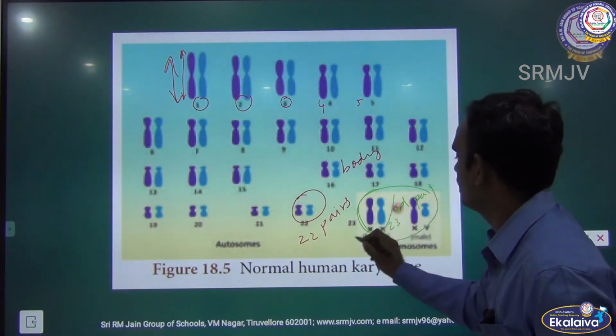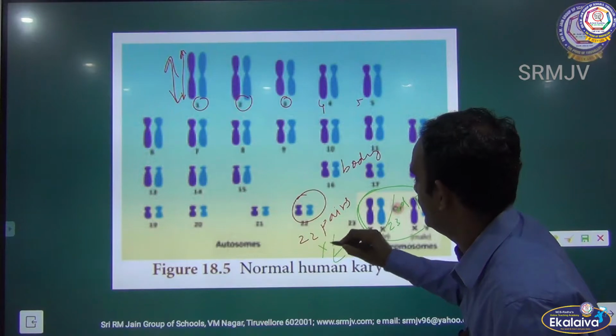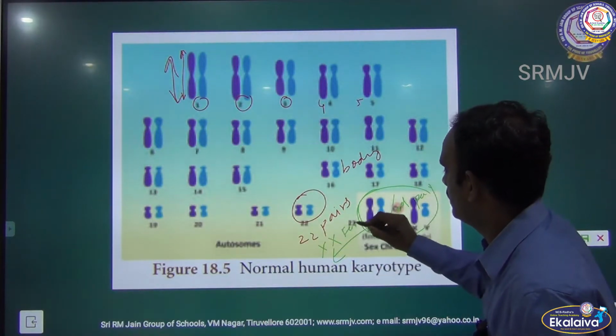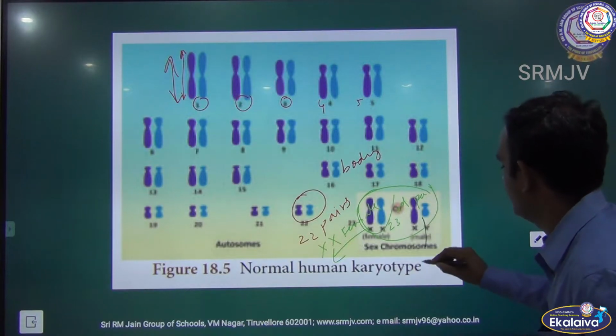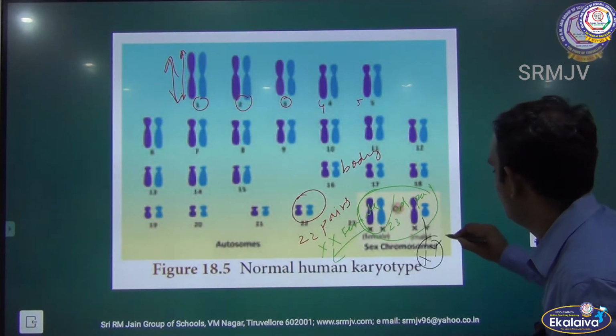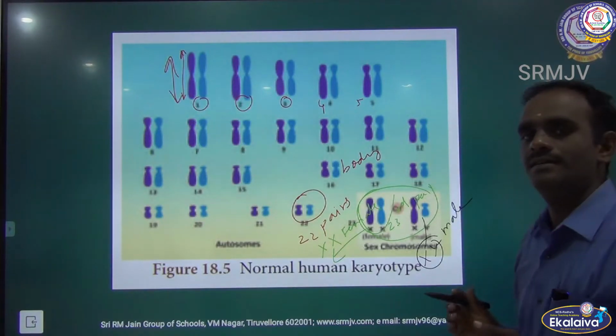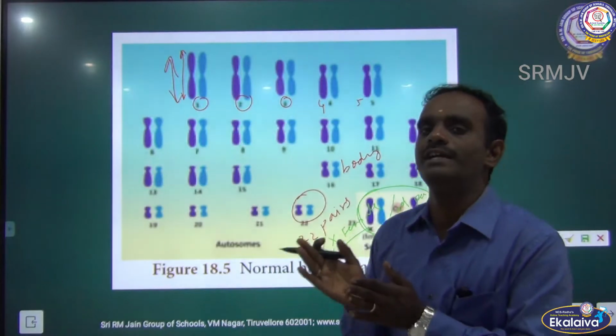If it is female, it is XX. If it is male, it is XY. Is it clear, children? So the last pair alone decides the sex of the individual.